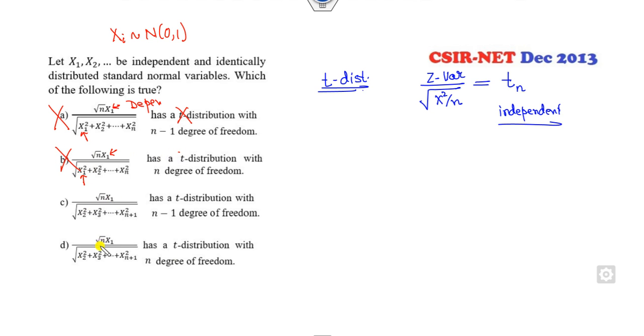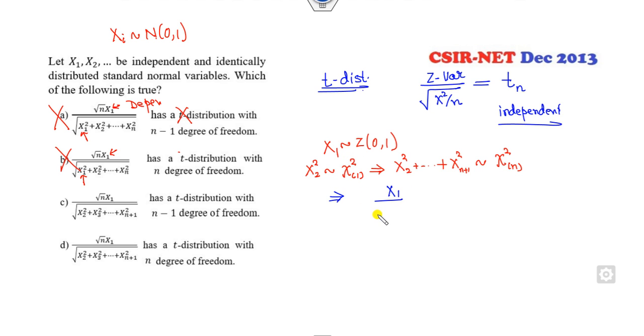Now they are independent. X1 will follow the standard normal distribution, fine. X2 square will follow, what is that? It follows my chi-square distribution with degree of freedom 1. What does it mean? X2 square plus X n plus 1 square will follow my chi-square distribution. How many elements are there? N. Now, what does it mean?